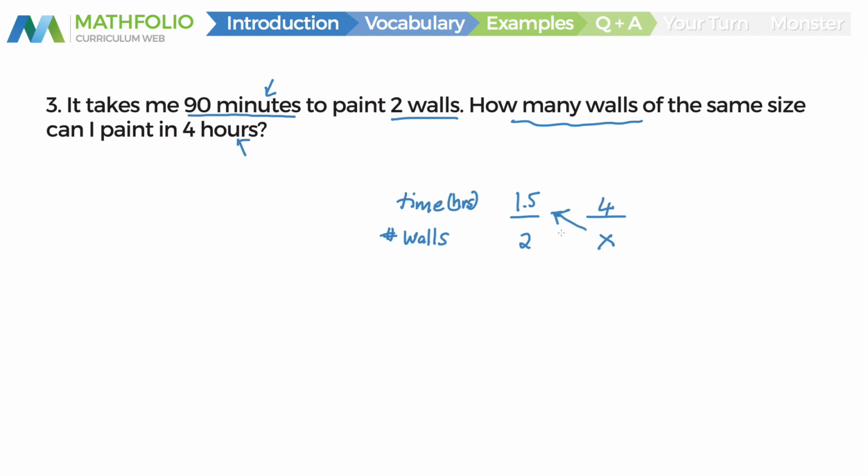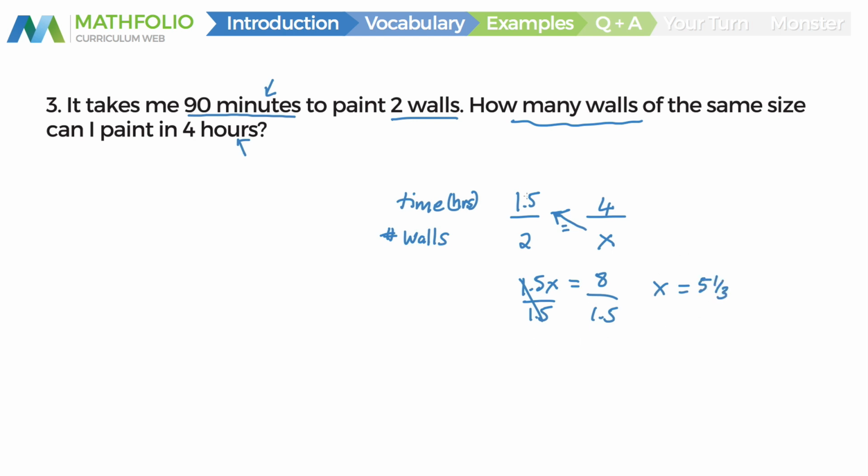So x times by 1.5 is 1.5x. 2 times by 4 is 8. Now I got 1.5x equals 8, so we're going to divide by that coefficient. So we've got x equals 5 1/3.